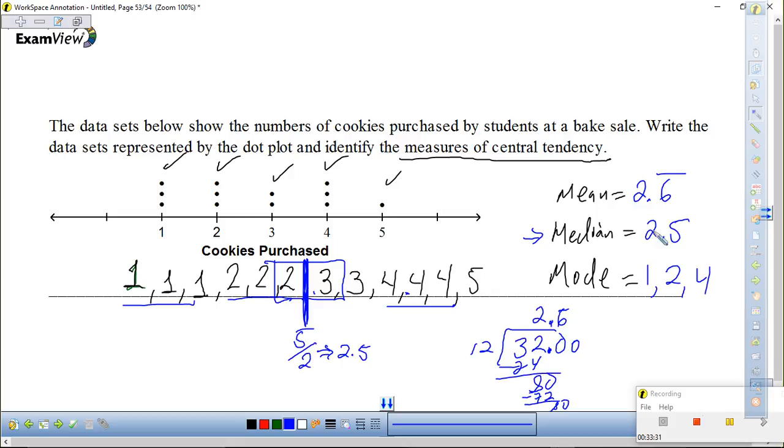Yes? Why do we do the numbers, not the dots? Well, we need a data set, right?